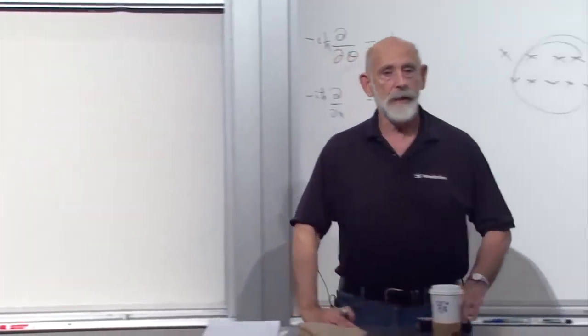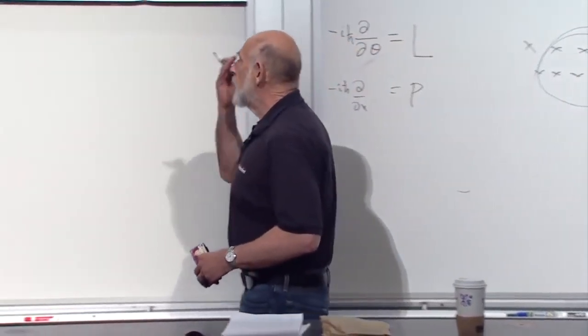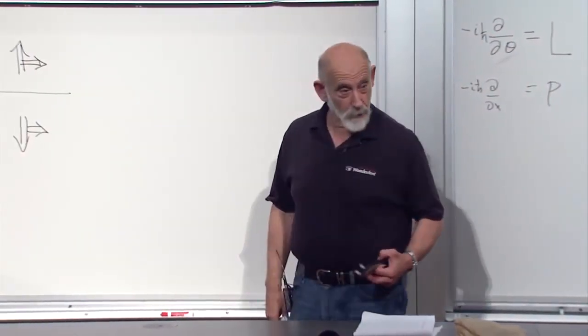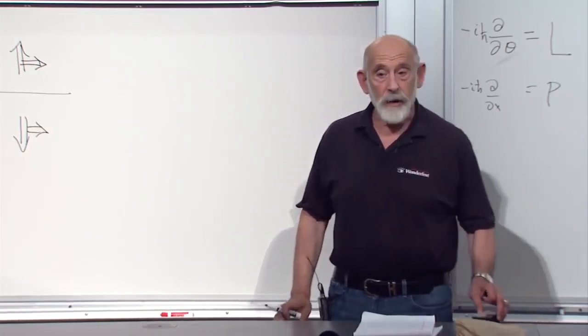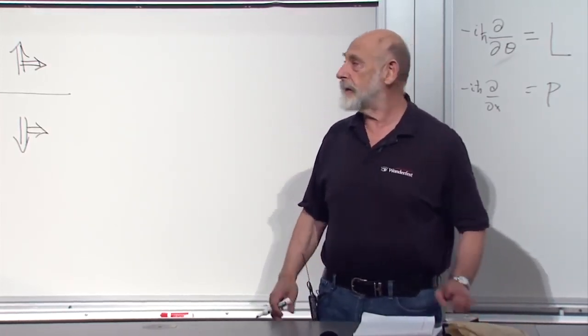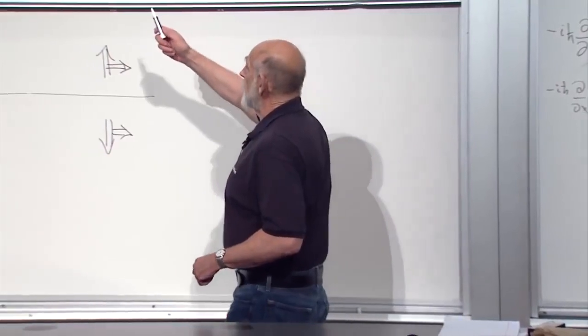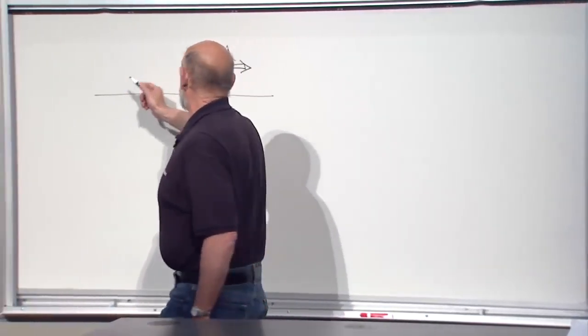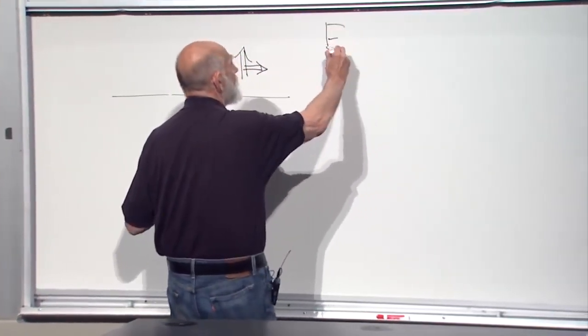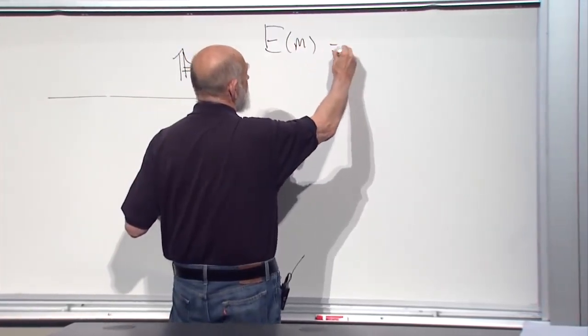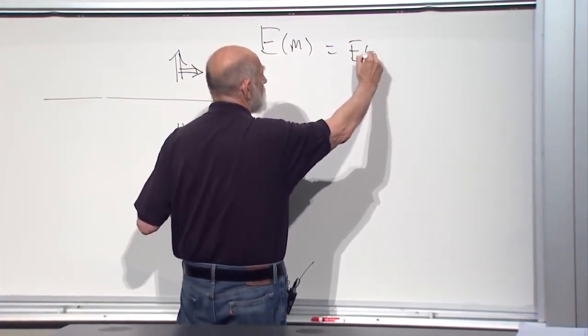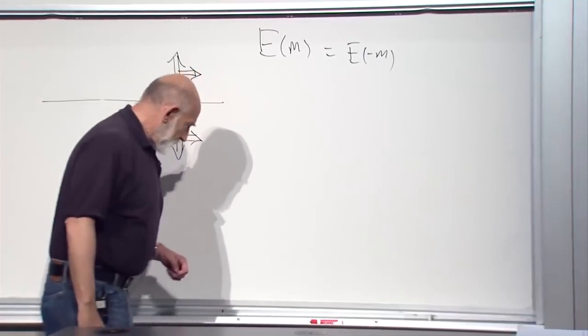So let's add mirror symmetry to rotation symmetry and see what we buy from it. Well, we will certainly find that the energy levels E of m must be the same as E of minus m. Why is that?